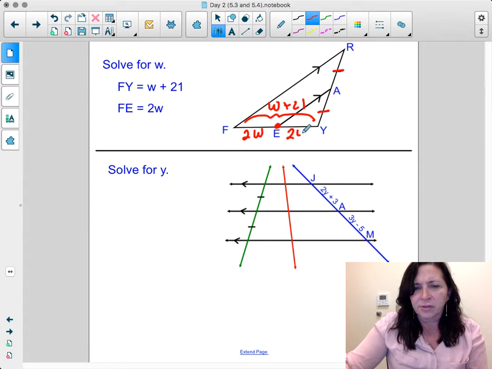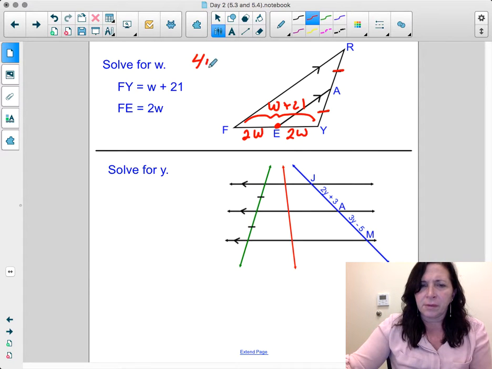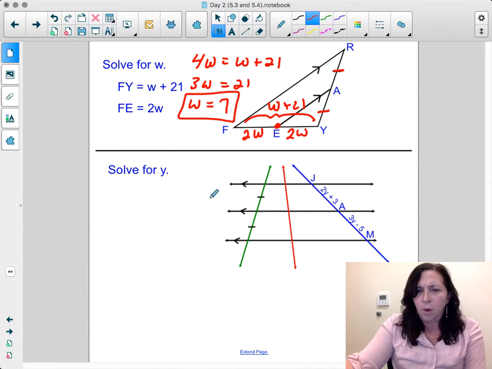So that's also 2W. Find W. So it looks like we have 4W. So 4W is equal to W plus 21. Subtract W, you get 3W equals 21. W equals 7.